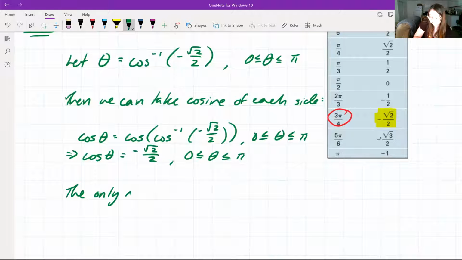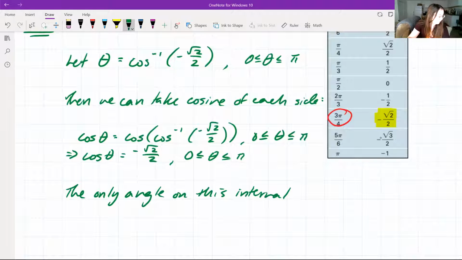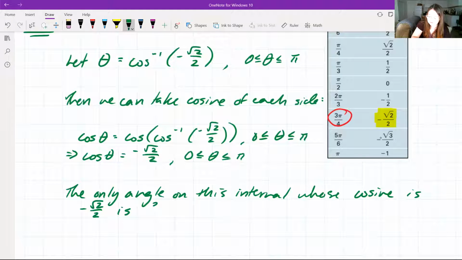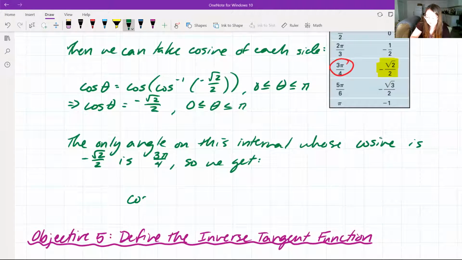So the only angle on this interval whose cosine is negative square root 2 over 2 is 3 pi over 4. So for our answer, we get that cosine inverse of negative square root 2 over 2 is equal to 3 pi over 4.